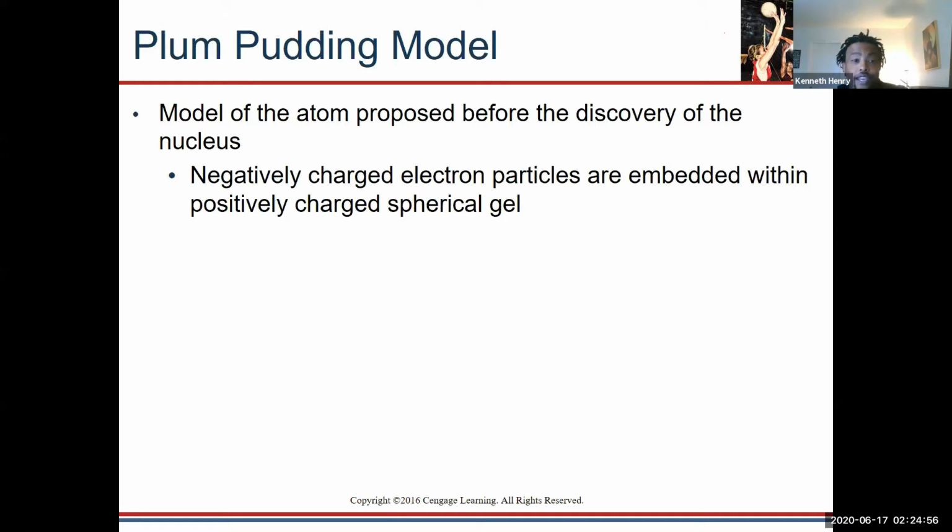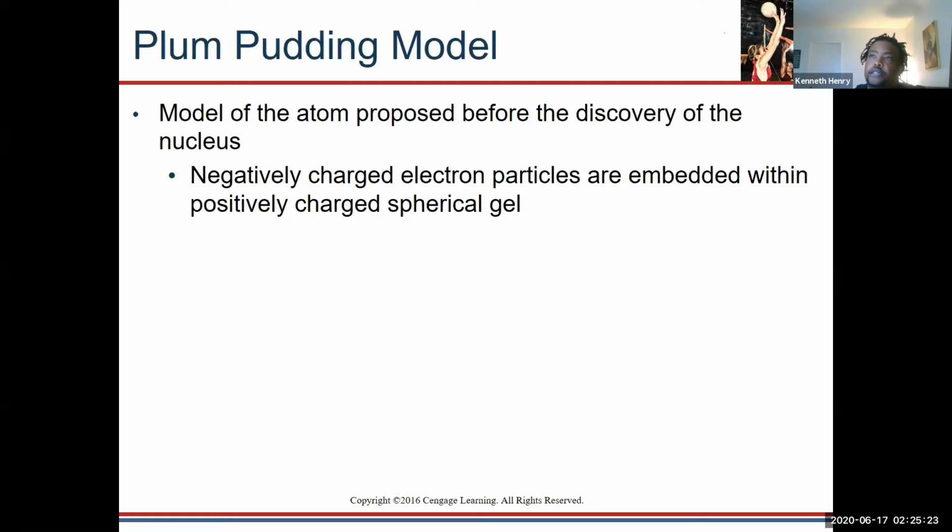So that is an example of what they thought it looked like, right? So those sugar molecules are on the outside of it. It's kind of like a sugar donut, a donut hole with sugar on it. So that is like your electrons, and then the positive charge or your nucleus was thought to be all of the dough of it, right? So that's what they thought it was initially.